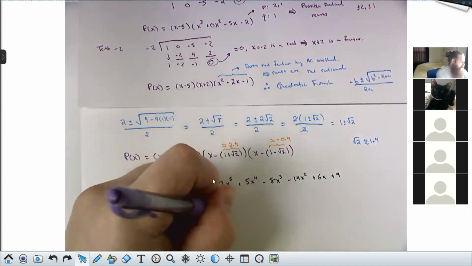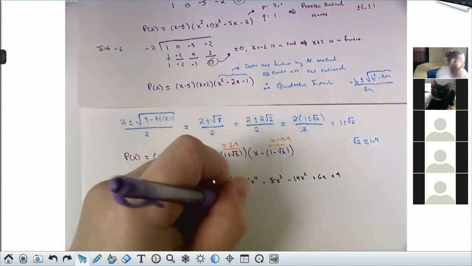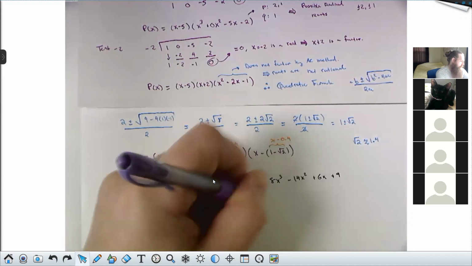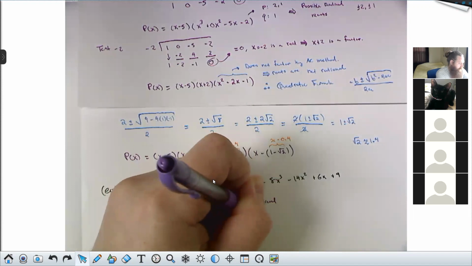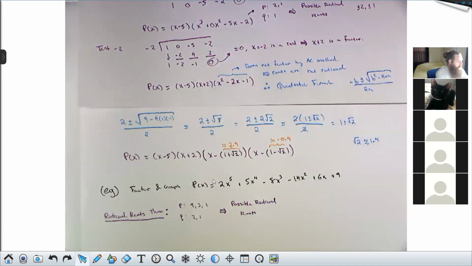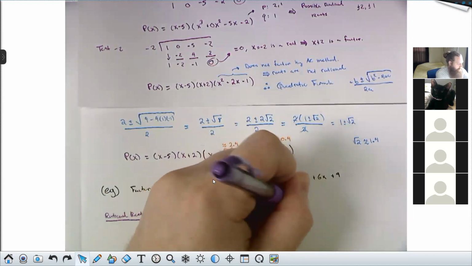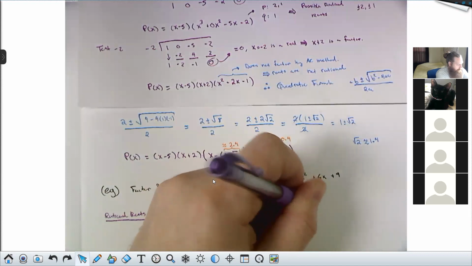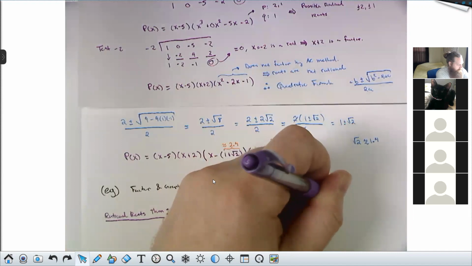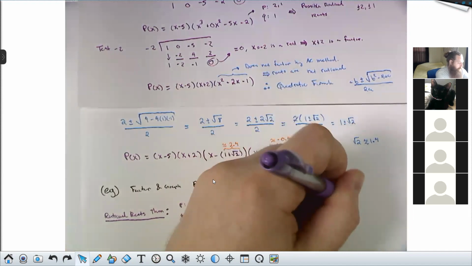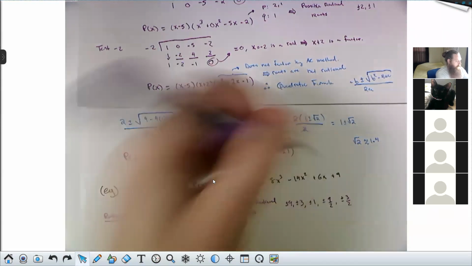So my possible rational roots would be plus or minus 9, plus or minus 3, plus or minus 1, plus or minus 9 halves, and plus or minus 3 halves.